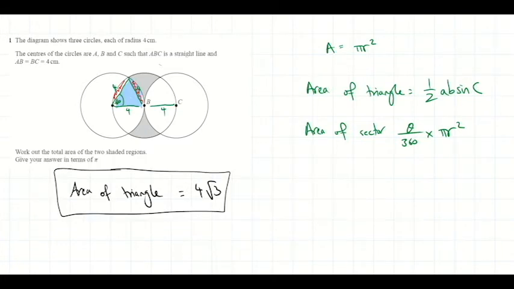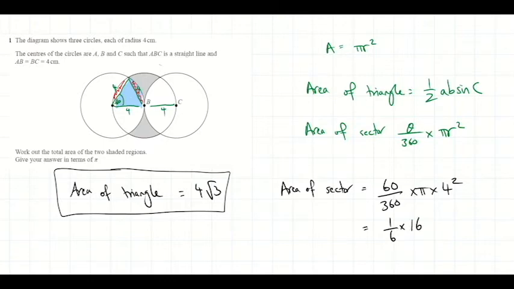Now let's work out the area of the sector. The area of the sector is going to be 60 over 360 times pi times 4 squared. That's the same as 1/6 of 16 times pi, which is equal to 8 over 3 pi.